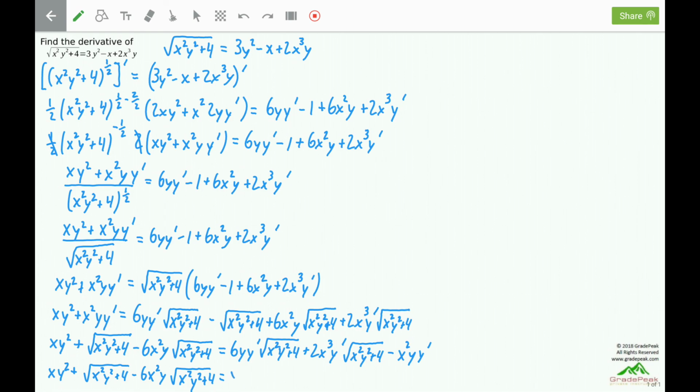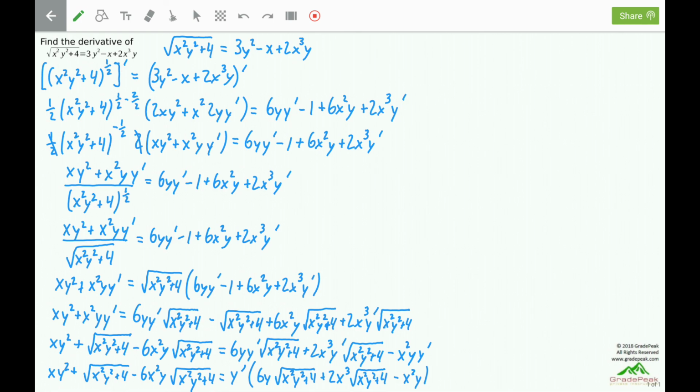And so we will factor a y prime out of the right side, leaving a 6y, the square root of x squared y squared plus 4, plus 2x cubed, the square root of x squared y squared plus 4, and then minus x squared y.